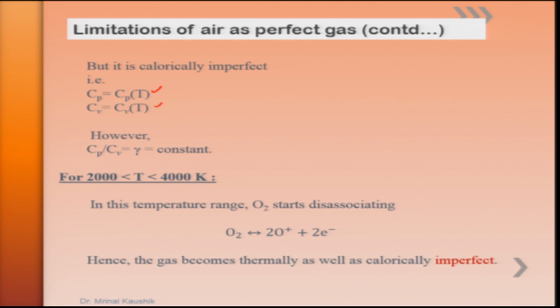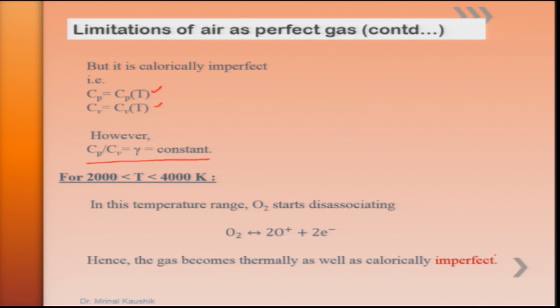That is, in this range of 500 to 2000 Kelvin, the air is calorically imperfect. However, interestingly, it has been found that even though both Cp and Cv are functions of temperature in this range, the gamma still comes out to be constant.